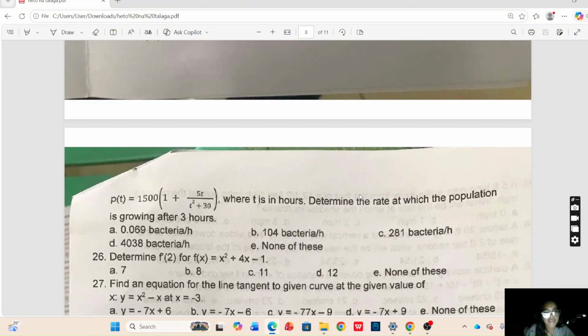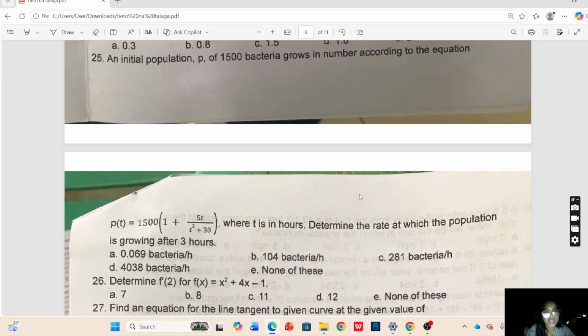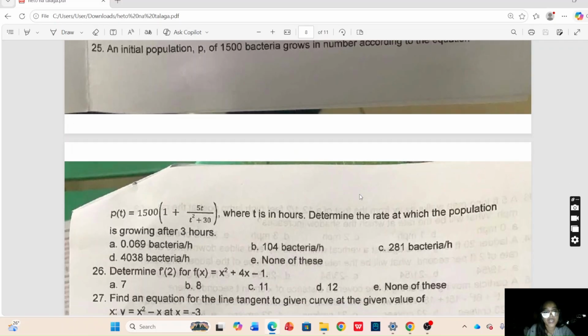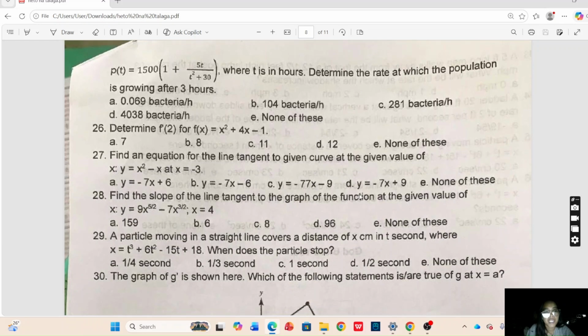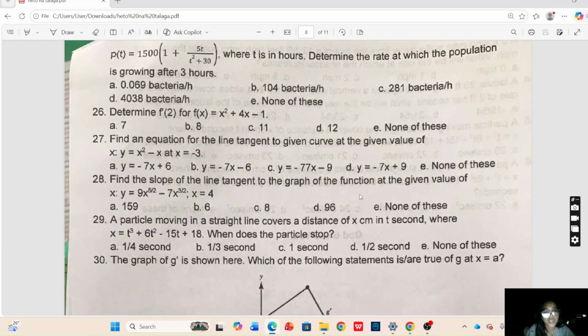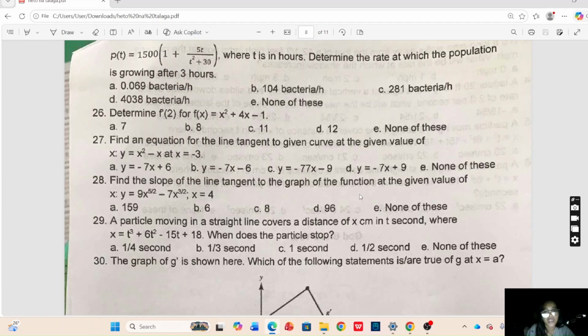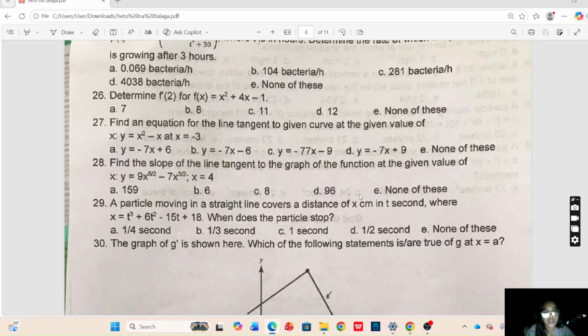For number 25, an initial population P of 1,500 bacteria grows in number according to the equation P(t) equals 1,500 multiplied by the quantity 1 plus 5t divided by t squared plus 30, where t is in hours. Determine the rate at which the population is growing after 3 hours.